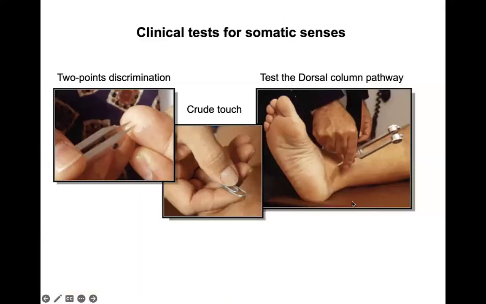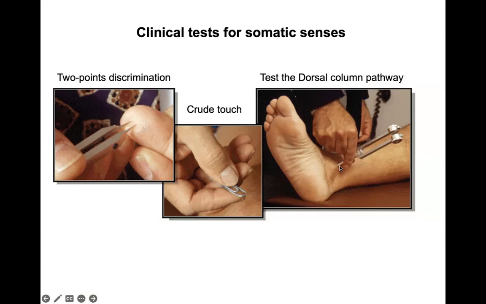Okay. So this is an example of some of the tests that we can do. This is what we did with the two pens, right? Similar idea. In reality, you use the pointy forceps to test. So you should be able to differentiate between the two points, right? By discrimination, light touch, see if you're able to feel the light touch or not, or if you can feel vibration or not, right?